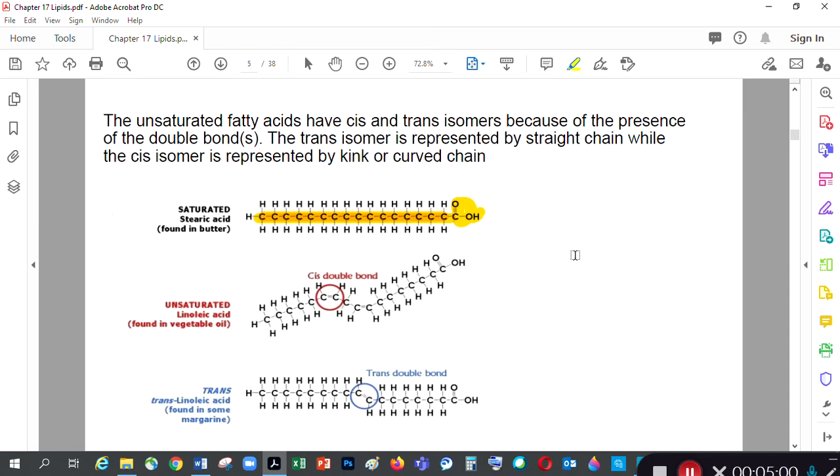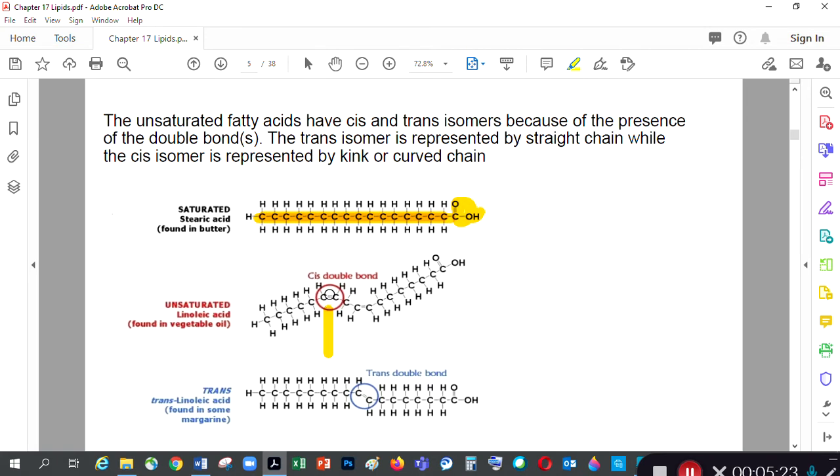And the monounsaturated, mono meaning one, has one double bond. The rest of the molecule is single bonds. Because we have only one double bond, we can have isomers.